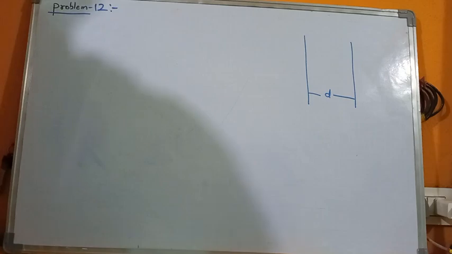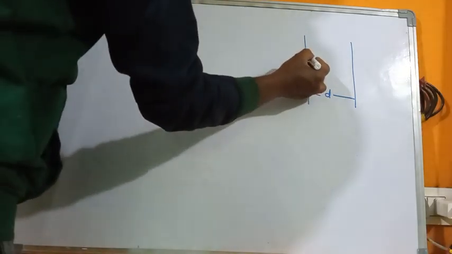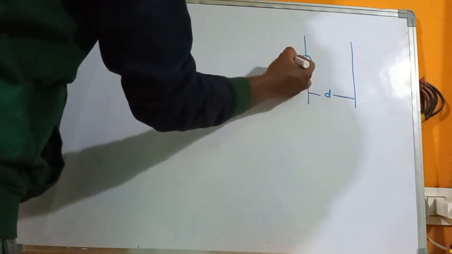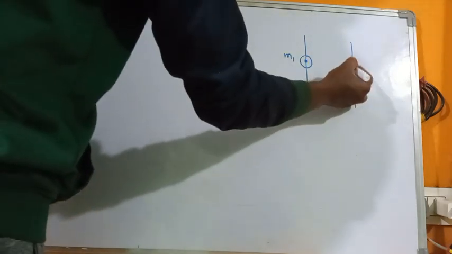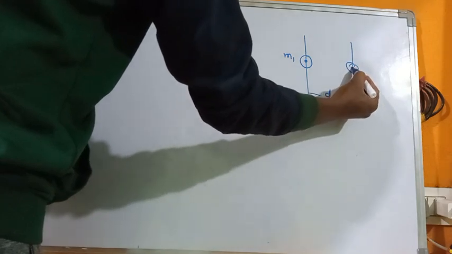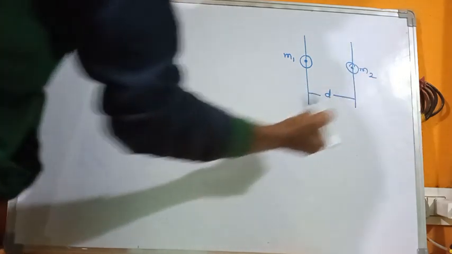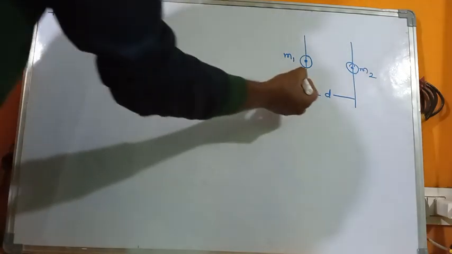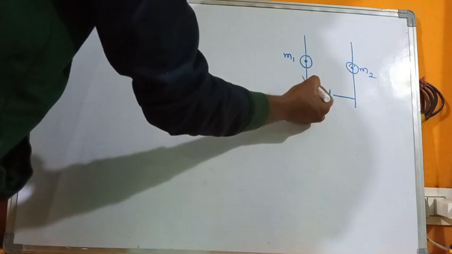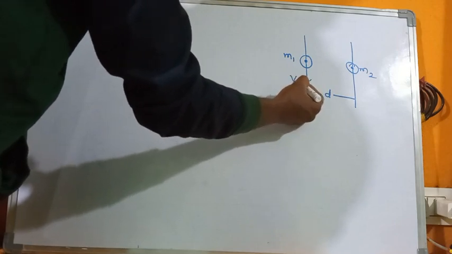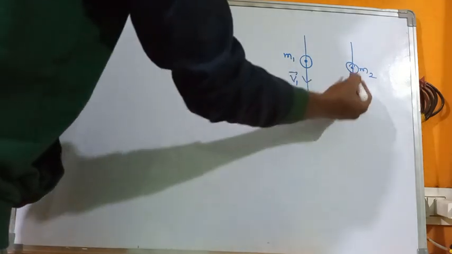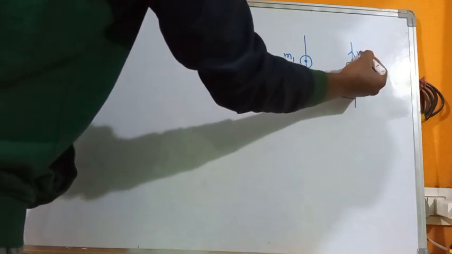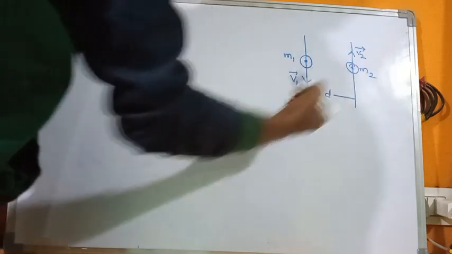This is one particle, m1, and this is another particle, m2. These are moving in opposite directions, means this one is moving downward with a velocity v1, and the other is moving opposite to it with velocity v2.